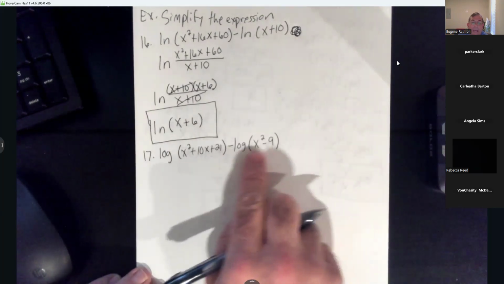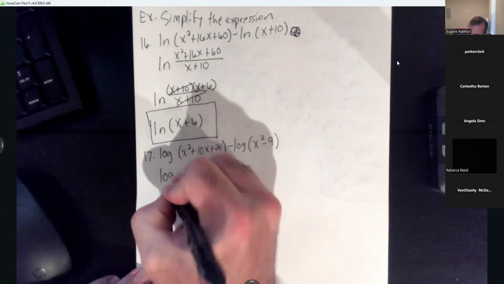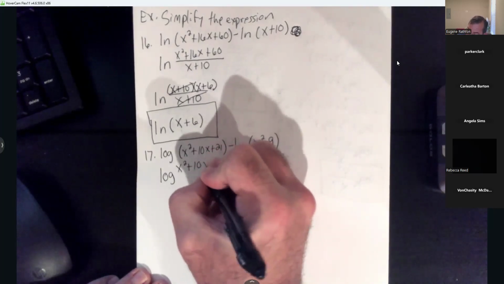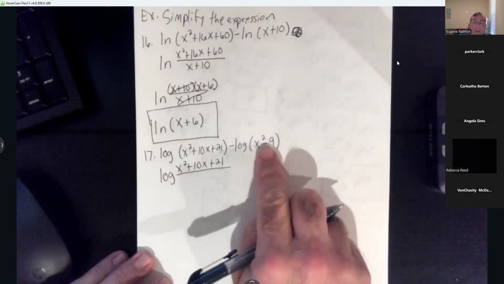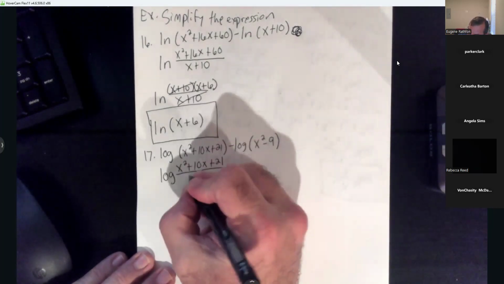So I can't do anything inside the parentheses, so I'm going to rewrite it as a single log. On top will be the x squared plus 10x plus 21. On bottom will be this factor, which is the x squared minus 9.